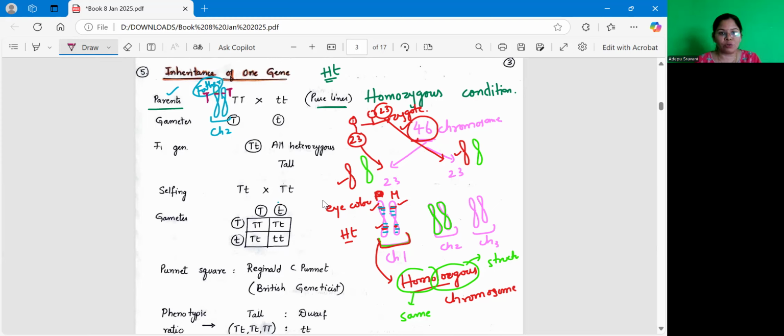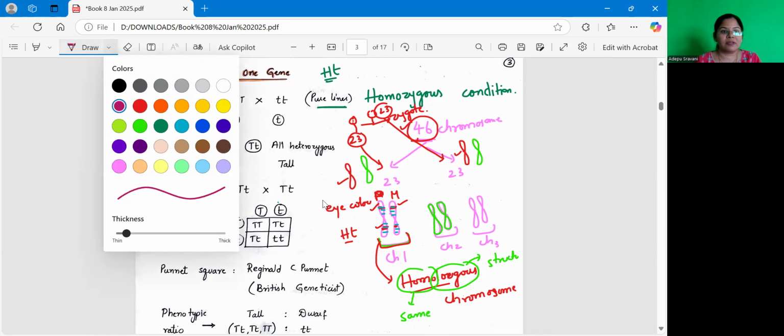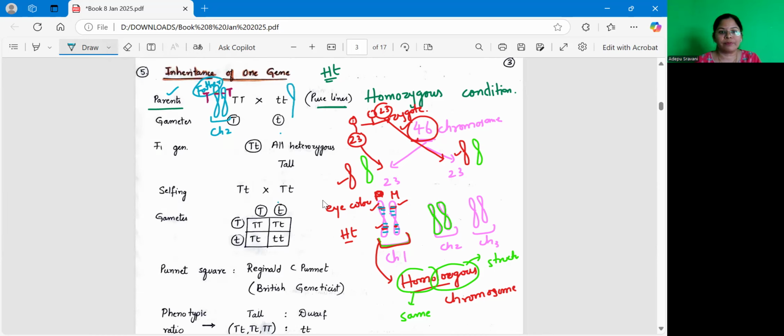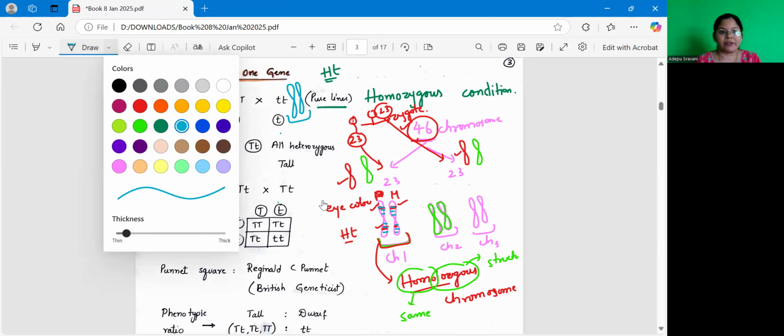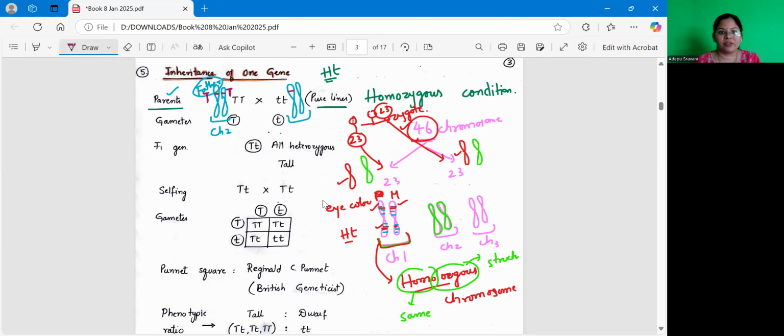Whereas in the mother's chromosome, if you consider this mother's chromosome, the position of the gene will be the same. Clear? So where is that position? Here. Both the alleles, both of the genes will be smaller, that is, they are recessive alleles. Am I clear or am I confusing you?